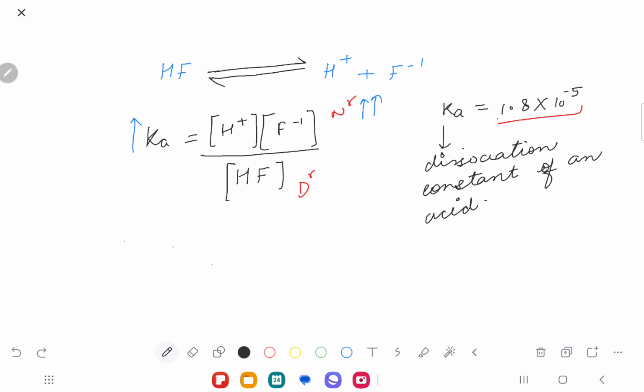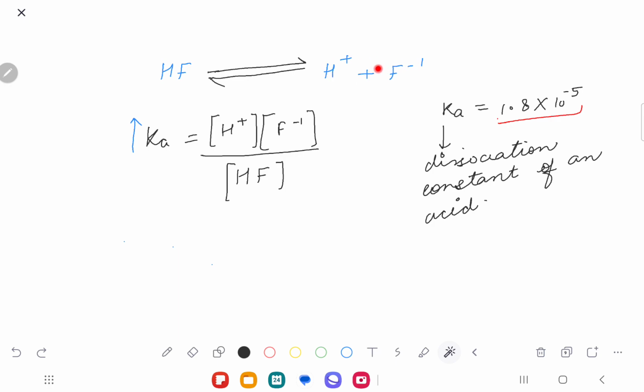So basically, when my denominator is very less, it keeps on decreasing, and if the numerator goes on increasing, then the value of Ka shall increase. Are you understanding? When do you think the numerator would increase? The numerator would increase when the products would increase.